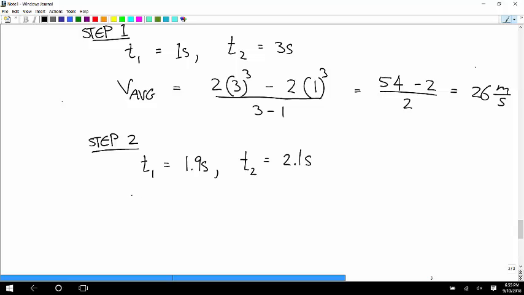And then for this step, our average velocity is 2 times 1.9 cubed minus 2 times 2.1. Nope, I have them backwards. 2 times 2.1 cubed minus 2 times 1.9 cubed divided by 2.1 minus 1.9.